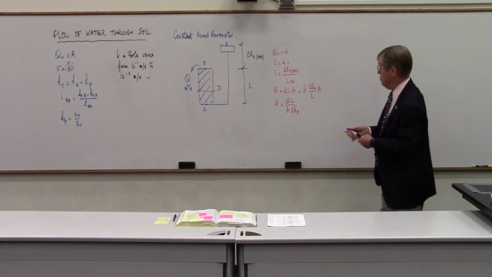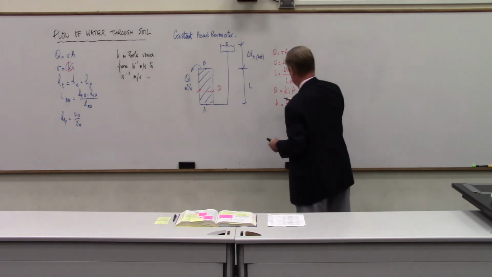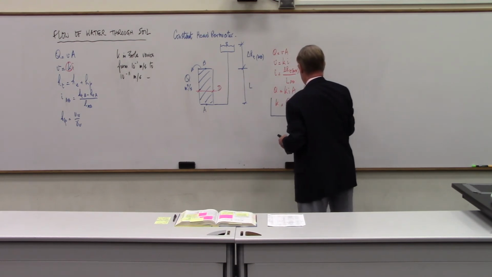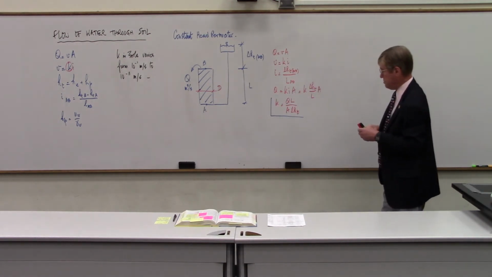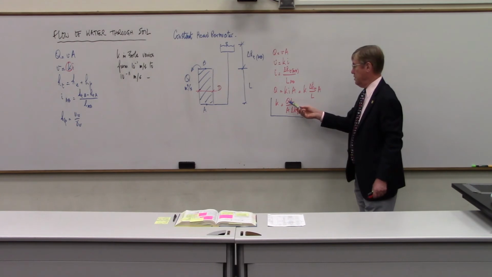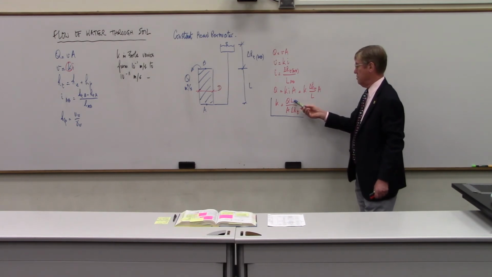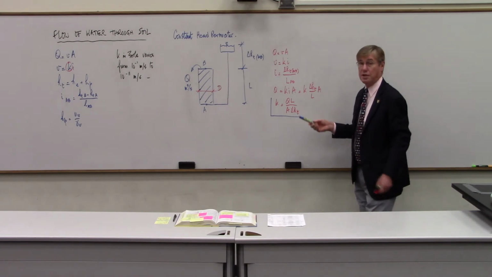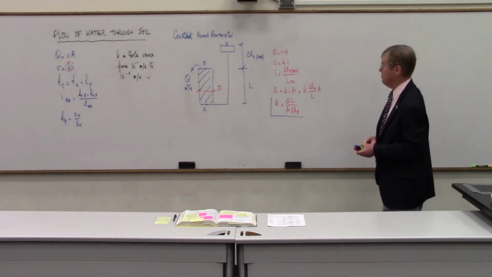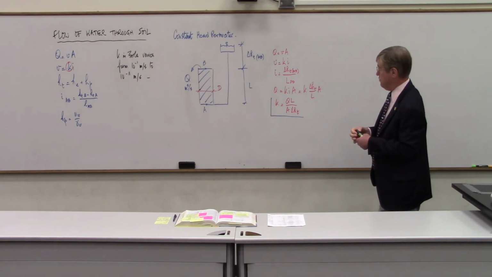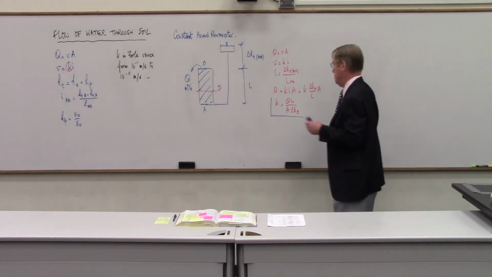So that's how you get the permeability of the soil. Meter cubed per second, meter, meter square, meter. So you end up with meter per second as the units of K. This is used for sand and gravel.